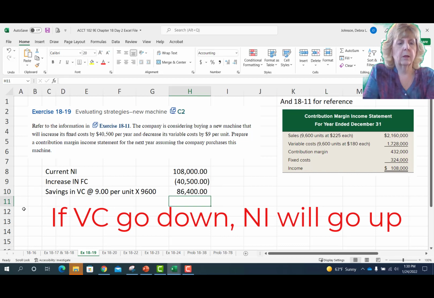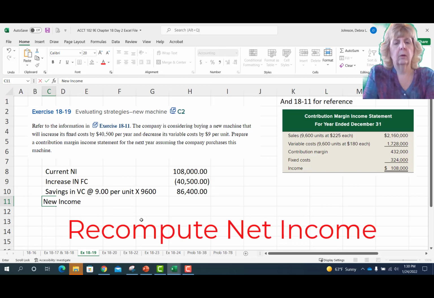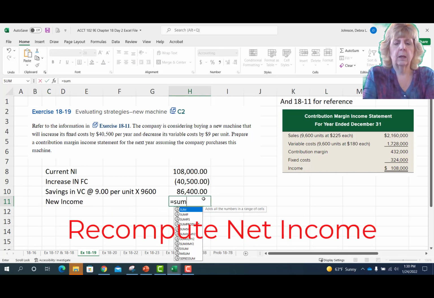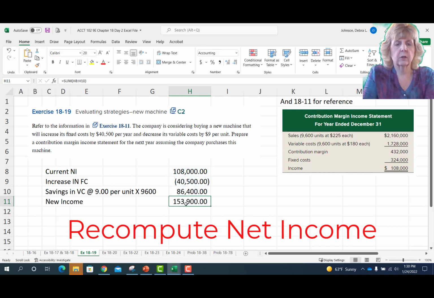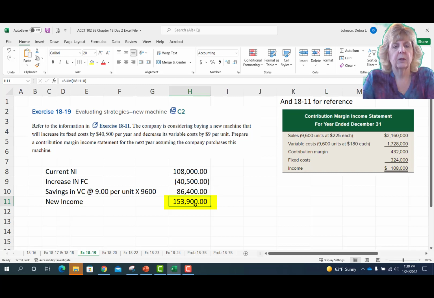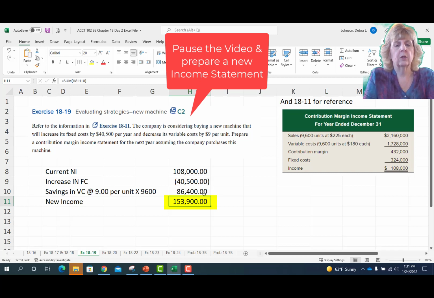That would make the bottom line go up. And so I would focus, again, think about sitting around the table with people in the company and trying to come up with what that bottom line would look like given their suggested changes. In this case, it looks like our bottom line would be $153,900. I would verify it by following the author's suggestion and completing a new income statement based on the new set of facts. I'll pause the video and come back and show you that new income statement in a moment.